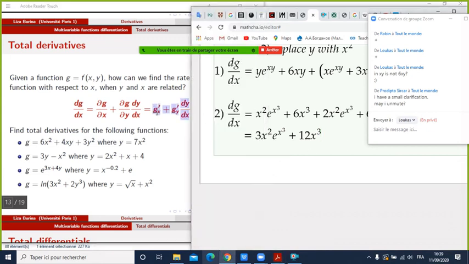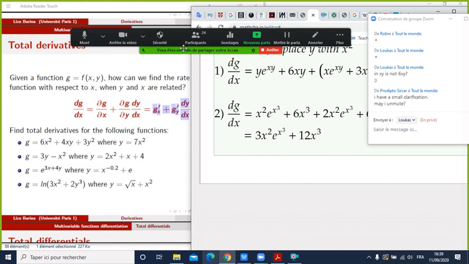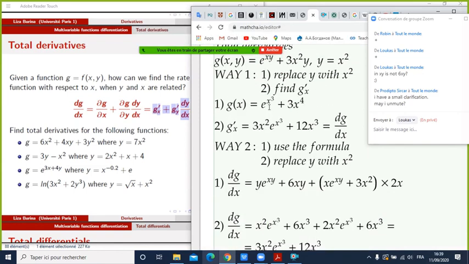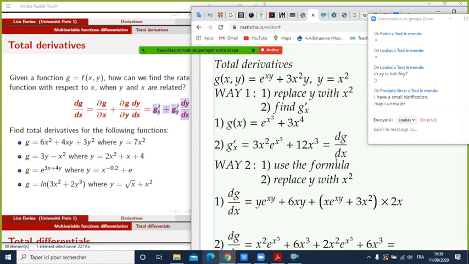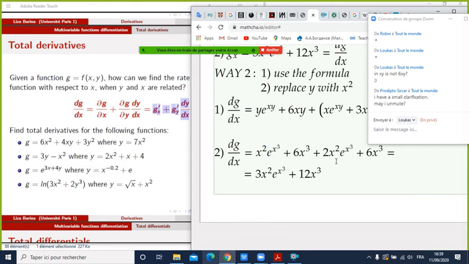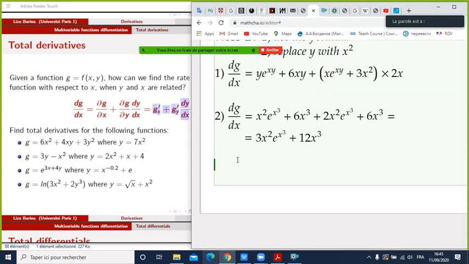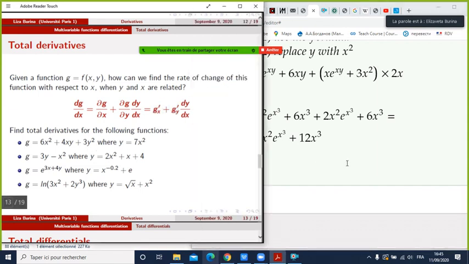So replacing at the very first step, so going through way one, just do the formula and we see. Okay, so you have your 6 minutes. Slide 13.